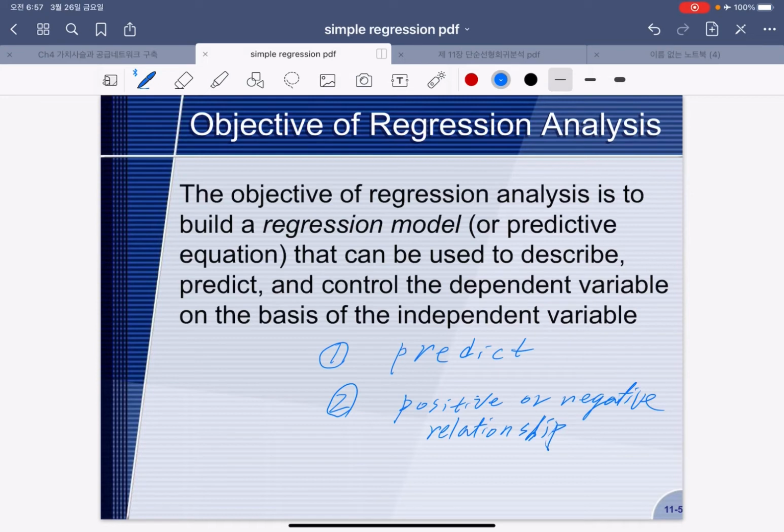Suppose we have equation like this, right?